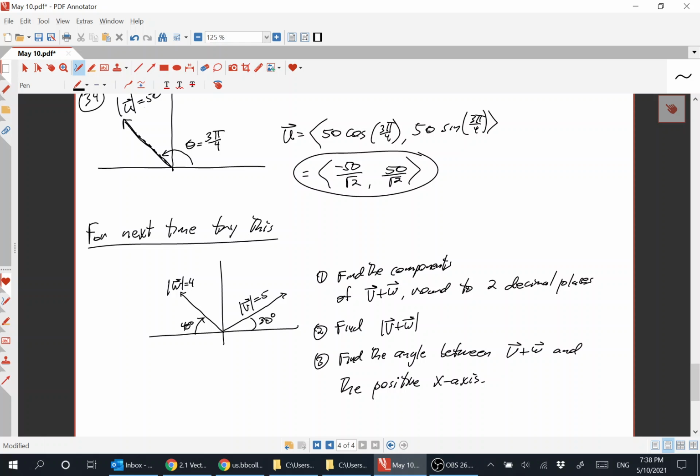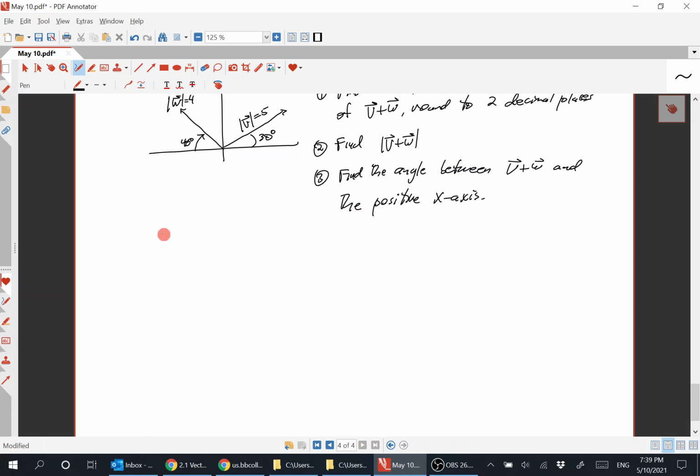But the x component looks like it's going to be positive too, because along the x-axis, V is winning the tug of war. Okay, so give that a go for next time, and we'll go over the answer for that. What next? That was 34.